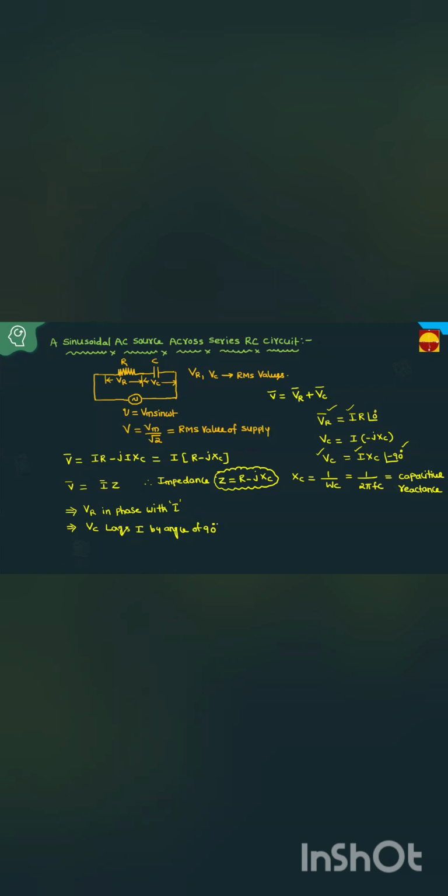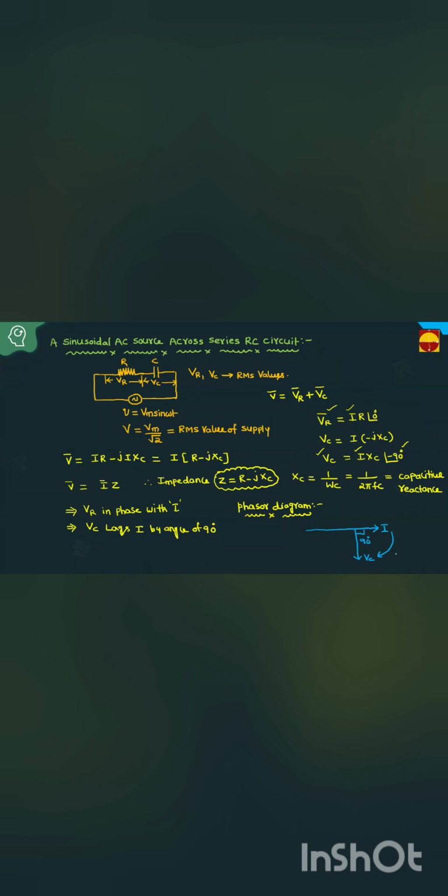Now, here I am drawing the phasor diagram. I is the reference because in a series connection current is constant. VC lags I by an angle of 90 degrees.